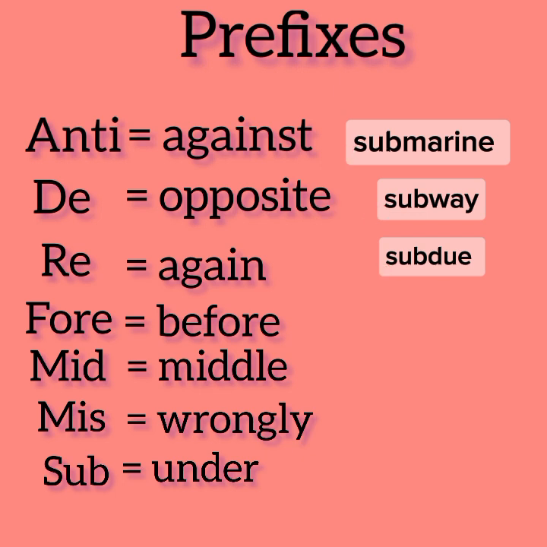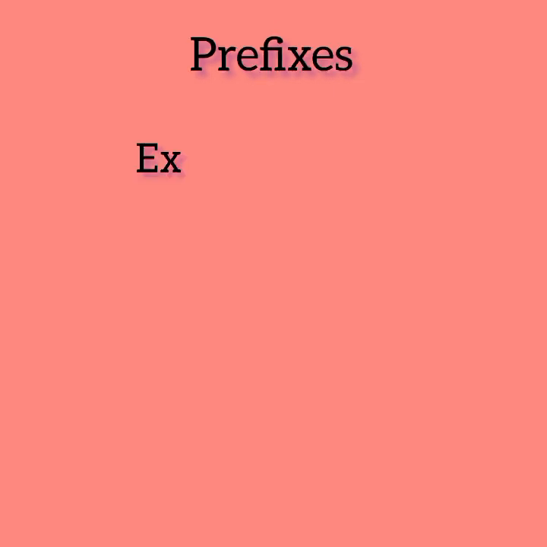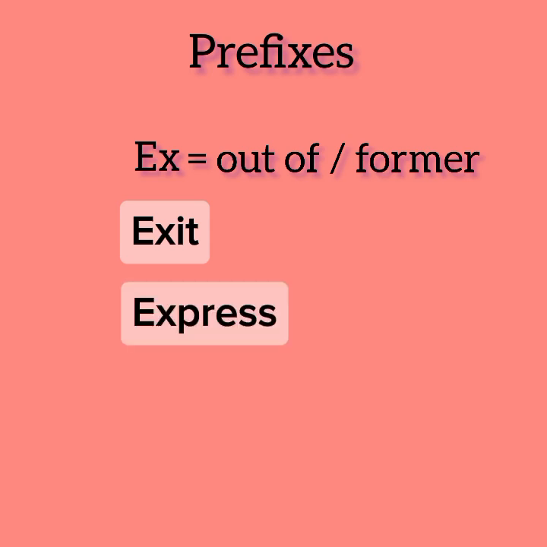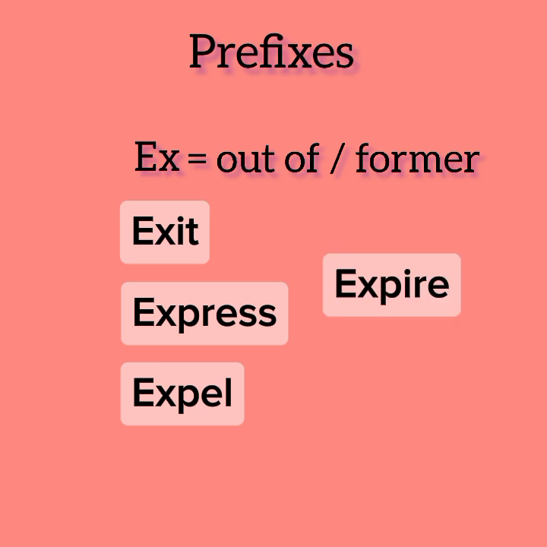Moving on to our next prefix, which is ex. Prefix ex means out of or former. For instance, exit, to go out of a place, or express, or expel, or expire, or exhale.